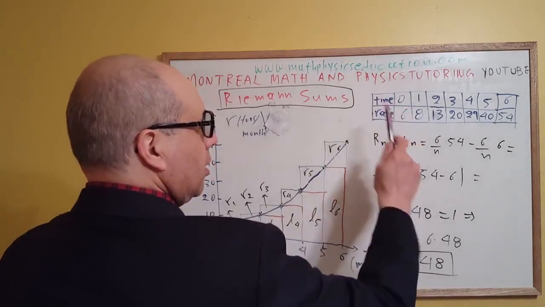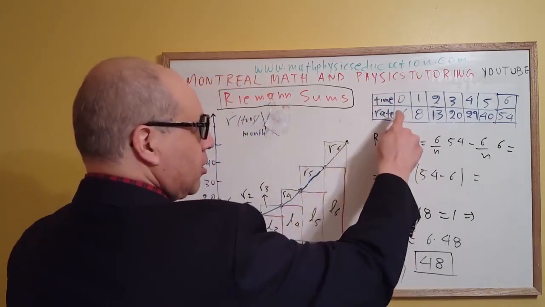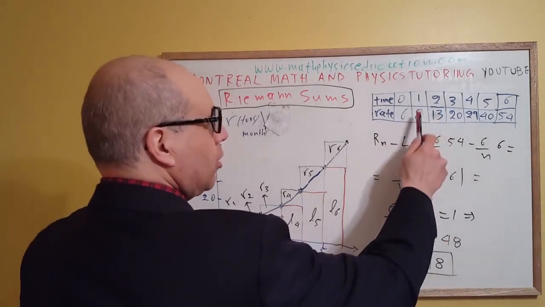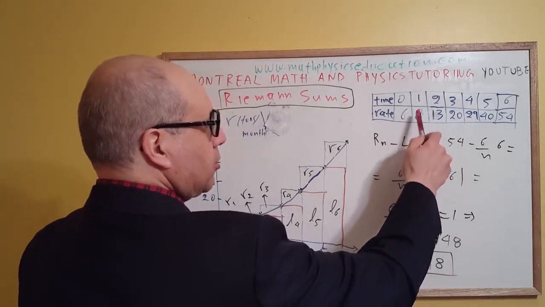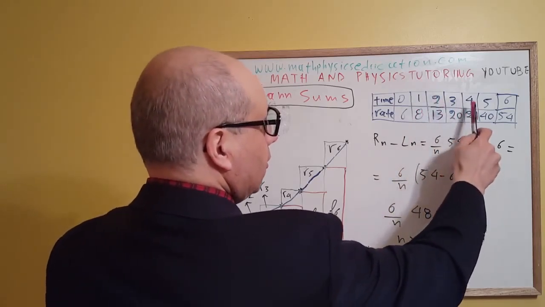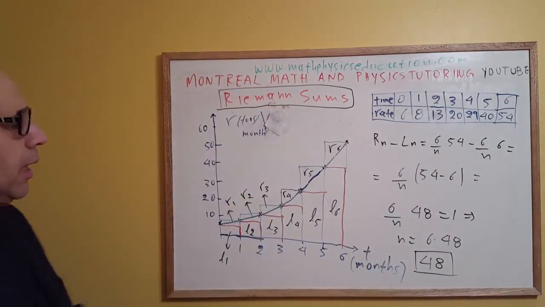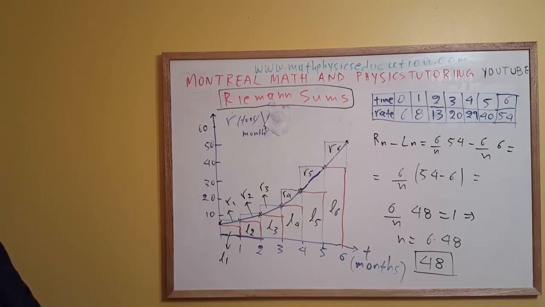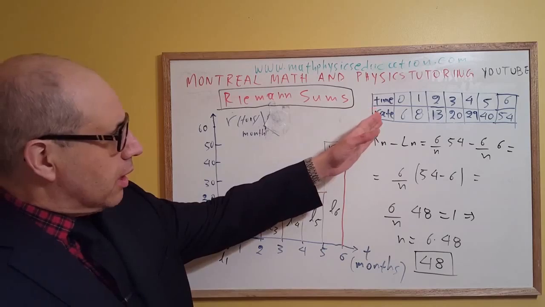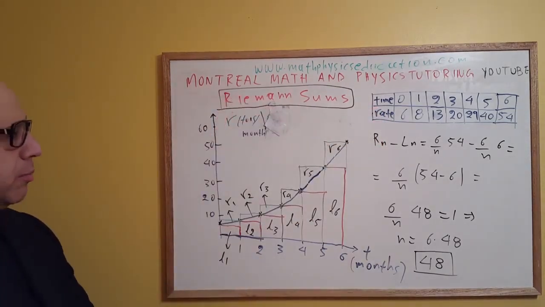As you see here, when we start at 0 months, we have 6 tons per month. At the beginning of the first month we have 8. At the second, 13; at the third, 20; at the fourth, 29; at the fifth, 40; at the sixth, 54. Again, the time is in months and the rate of emissions is in tons per month.